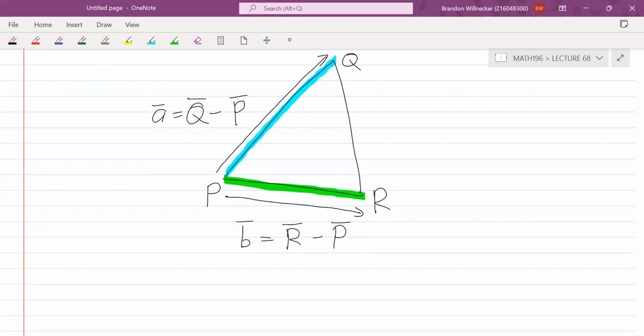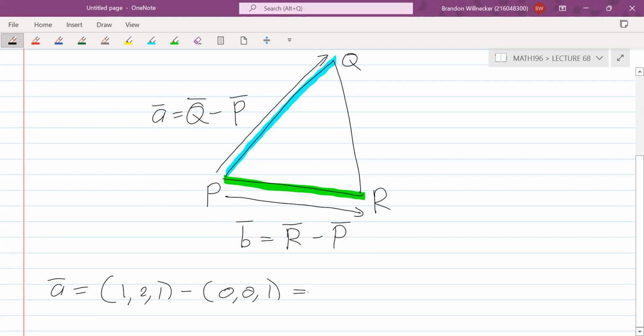Okay, so let's find out what A is. So A is Q minus P. So Q is given by 1, 2, 1. P was given by 0, 0, 1. That's going to be 1, 2, and then the 1 minus 1, that makes a 0.